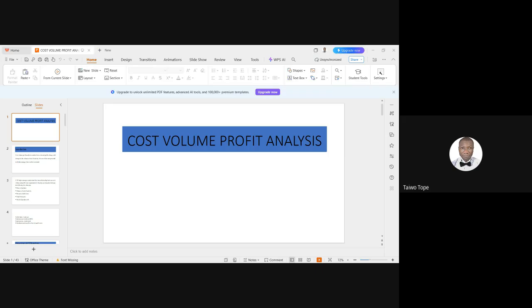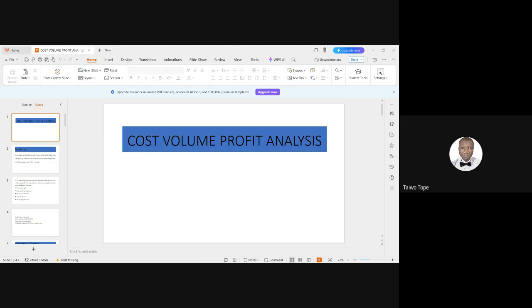An organization can use cost volume profit analysis to determine at what point they will break even. When we talk about break even point, it is the point where you neither make profit nor loss.